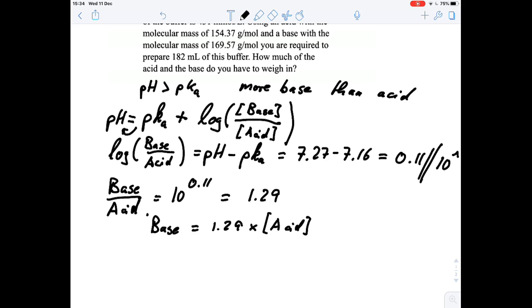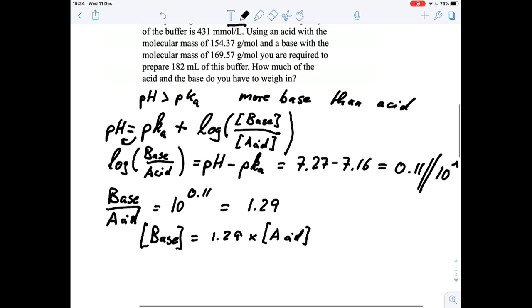Let's put the brackets around that as well. So we have that, and we also know that the base concentration plus the acid concentration, if we put them together, then we get the capacity of the buffer, which is 431 millimolar.